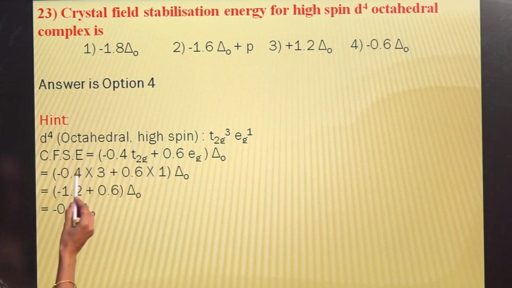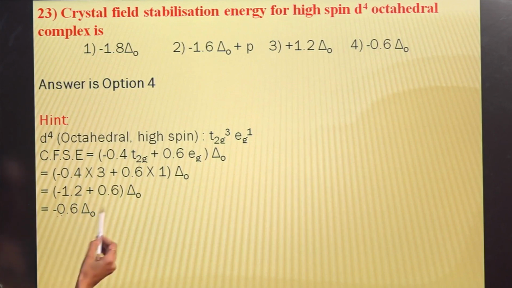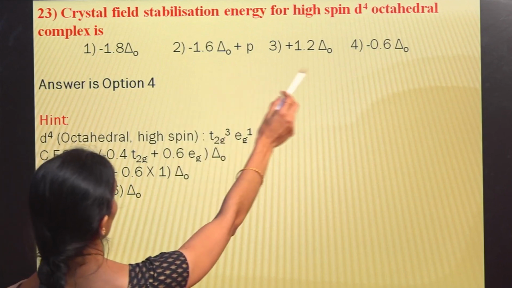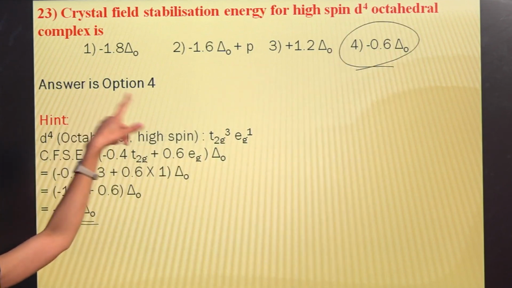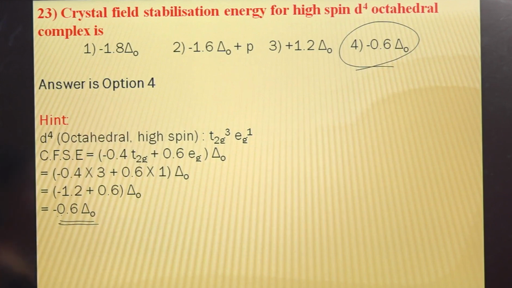If you simplify, this is minus 1.2, this is 0.6. Simplification further will give you minus 0.6 delta O. And minus 0.6 delta O is the fourth option, which is the right answer.